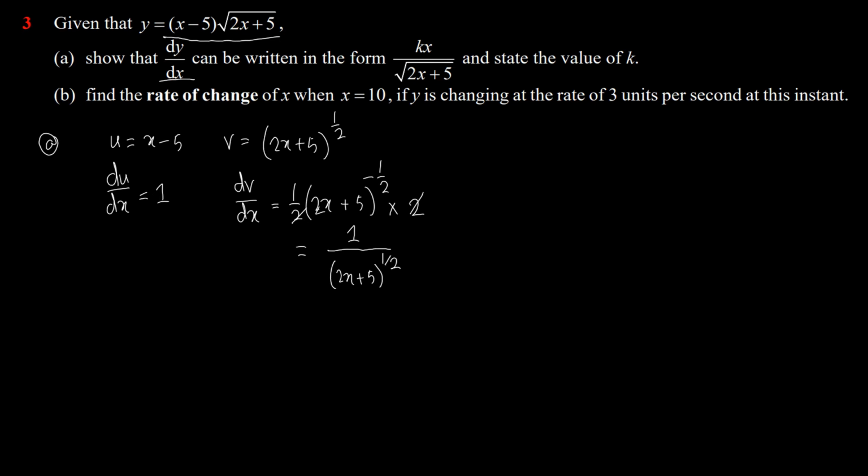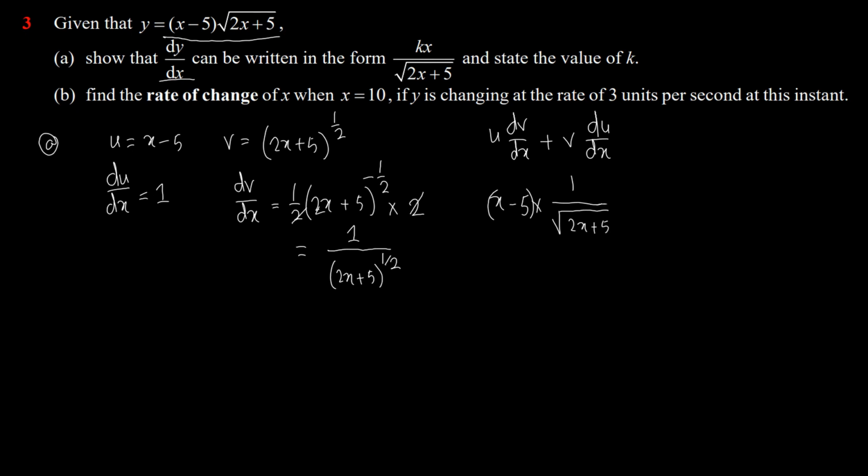So now the formula for differentiation, we know u dv by dx plus v du by dx. We are going to put in the values, because u is x minus 5 into that expression dv by dx, which is 1 by root of twice x plus 5.